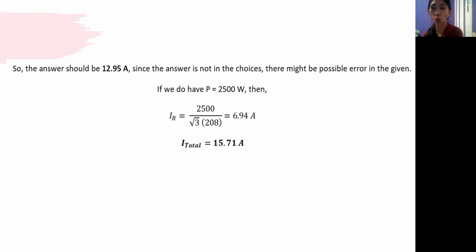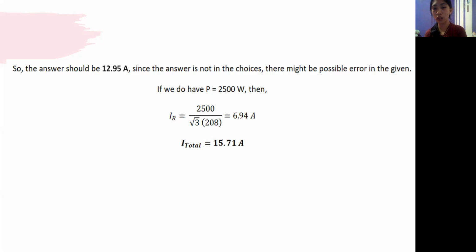So I troubleshot it. If we have a value of the heating unit equal to 2,500 watts, then the current in the heating unit is just equal to 2,500 watts over the square root of 3 times the phase voltage, which is 208. That would be equal to 6.94 amperes.